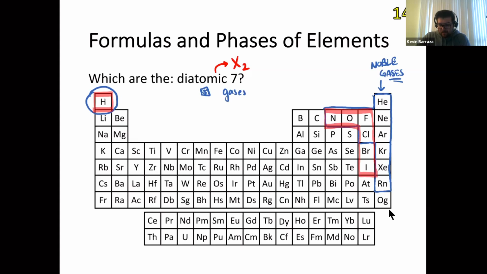And then there are only 2 liquid elements on the periodic table at room temperature. Those are going to be bromine, which I'll emphasize because it's kind of hard to see, and mercury.